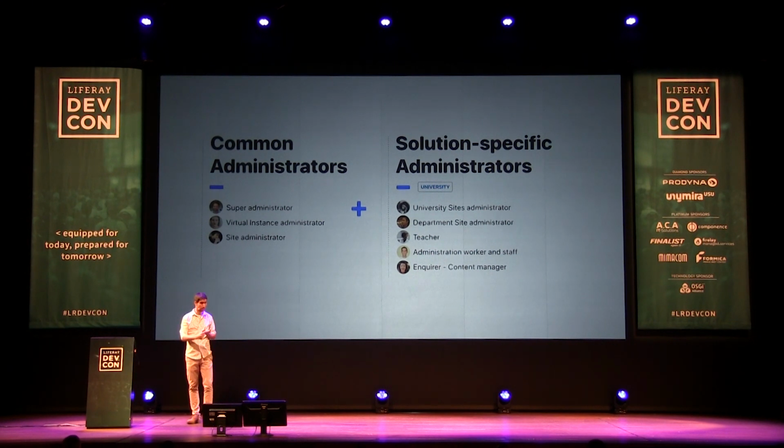And in some occasions, as we have seen in some of the universities we have interviewed, the teachers create sites per subject and even per year. Also, at the university, there are other administrators. We could call them administration workers and staff who only care about the students and supplies and things like that. So they need interfaces that adapt to them.